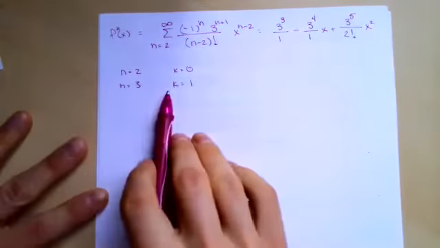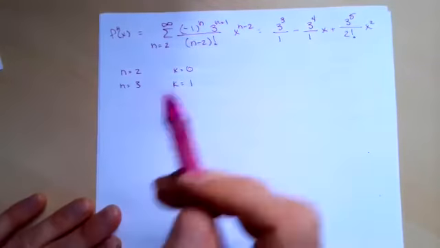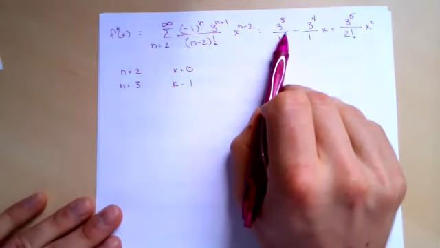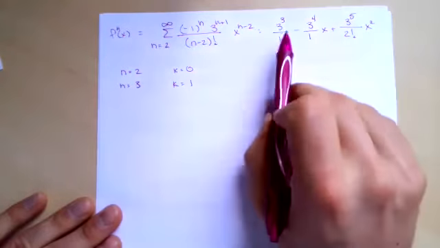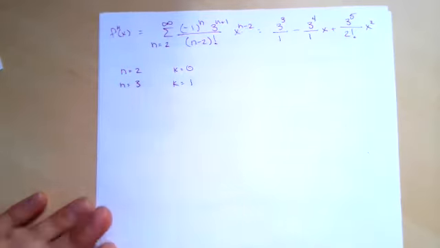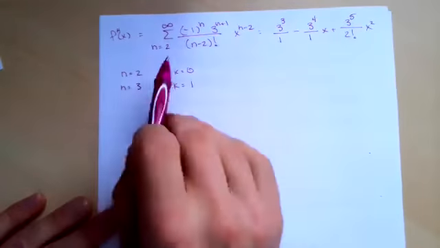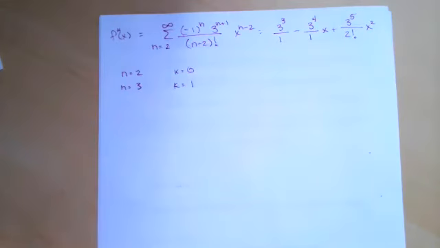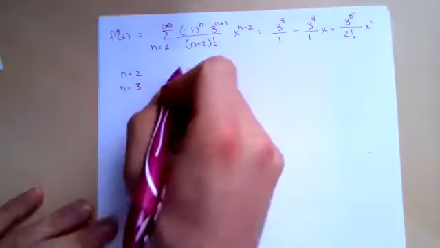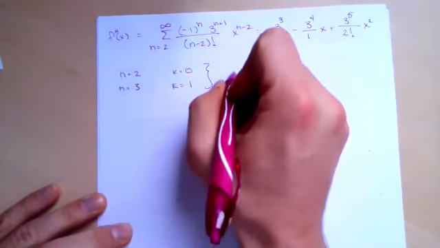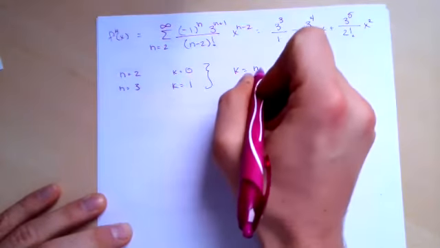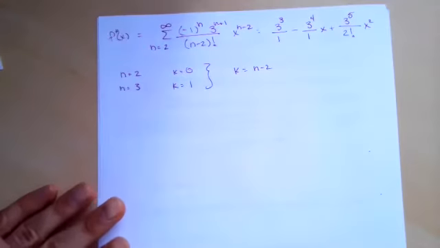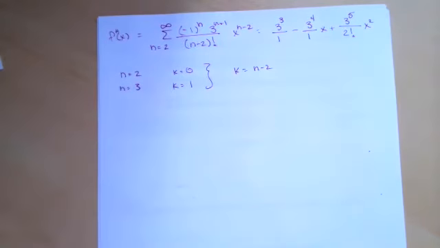For me, I think it's a little quicker to do just re-indexing, because we want this term to be n equals 0 or k equals 0 to correspond to our 0th degree of x, instead of having that be our second value of our index. So from this, k is just 2 less than n. If n starts at 2, I want to subtract 2 from n.